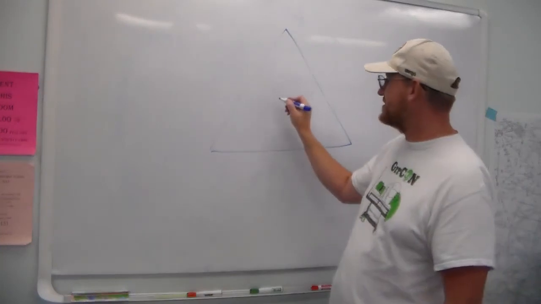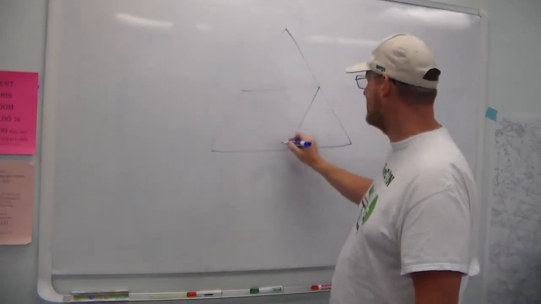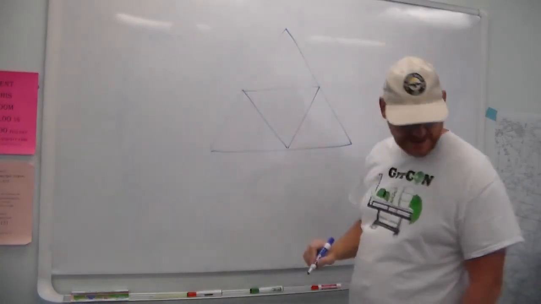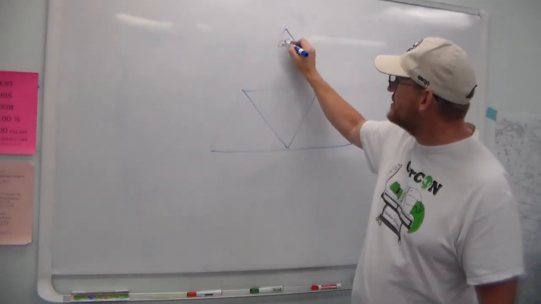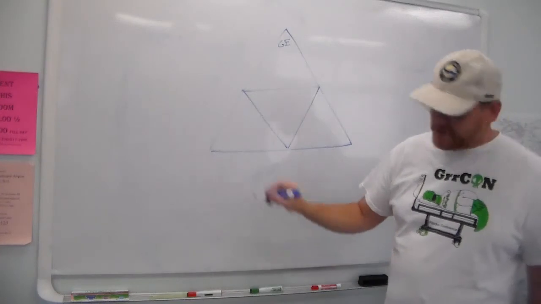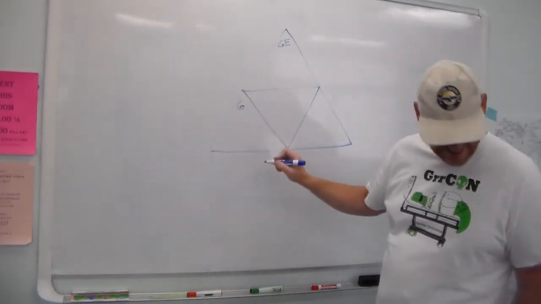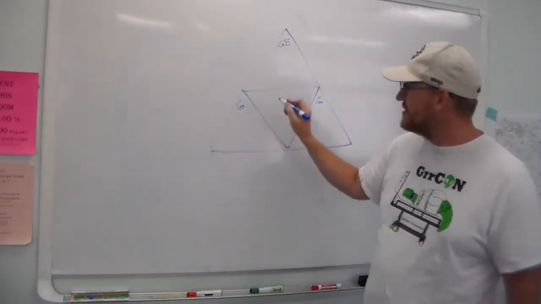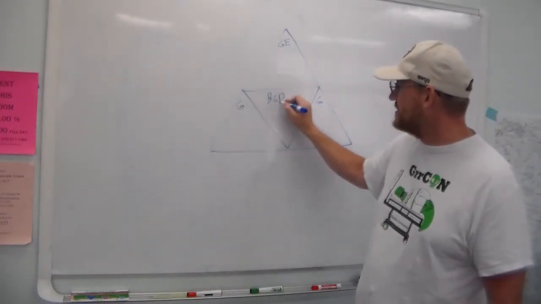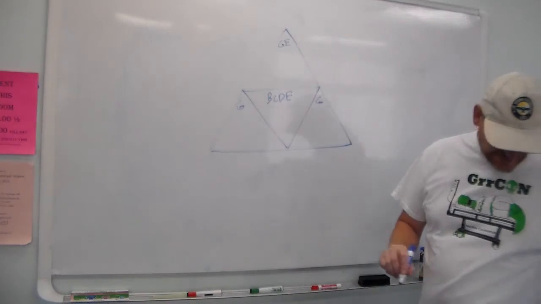Let's see if I can get this. And here we have E and G. We have G and G, B, C, D, E. All right.